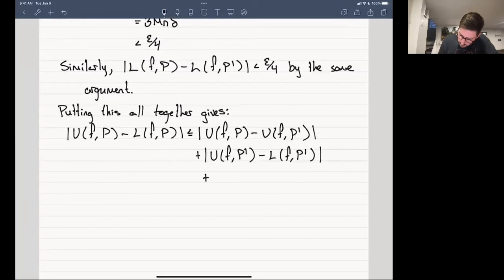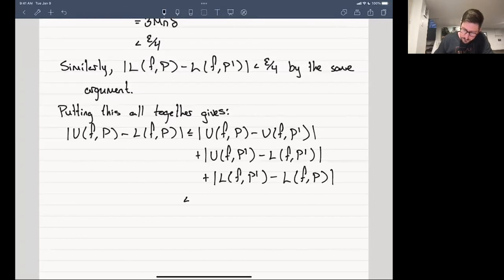And then I'm going to add back in the lower sum with P prime, and I'm left with just the lower sum with P, right? So it's a double triangle inequality application, adding and subtracting those upper and lower sums with P prime. So an old trick. But now, what do I know?